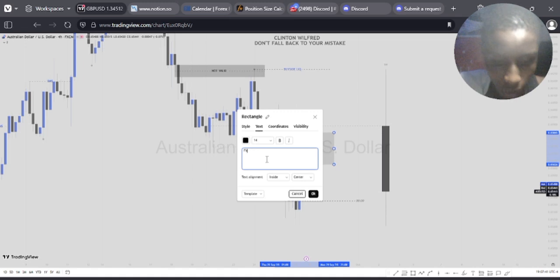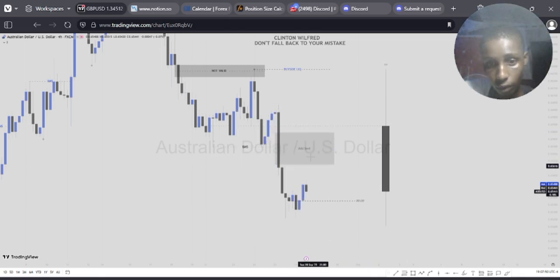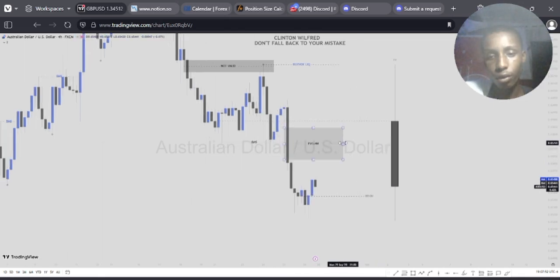So that's an FVG on the H4. I'll also draw my fib to know if this FVG is a high probability FVG, if it's a valid FVG.